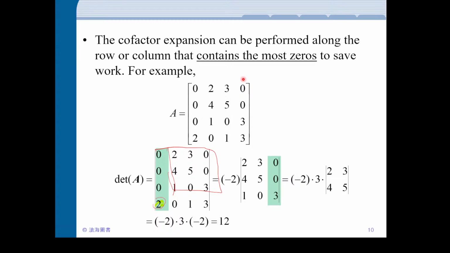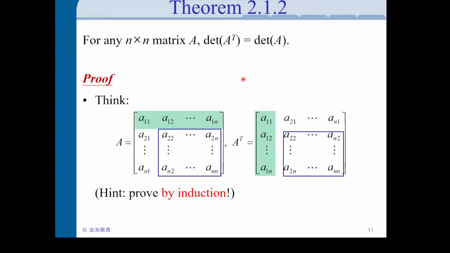So this property gives us an easier calculation sometimes when we have a whole bunch of 0s in our matrix. And also, this property of expanding from any row or column lets us prove that the determinant of A transpose equals the determinant of A. Here we prove it by induction.